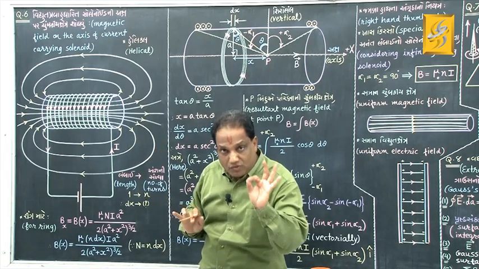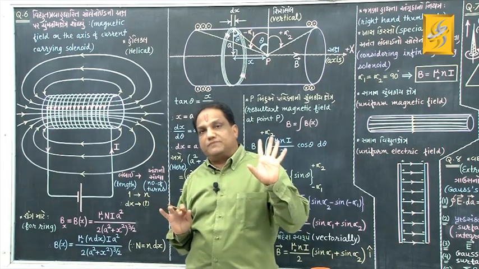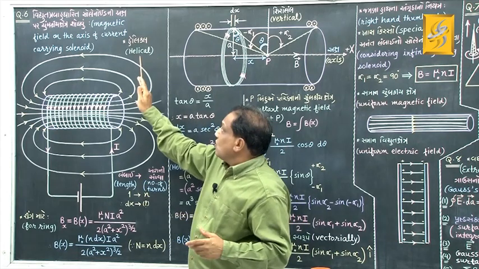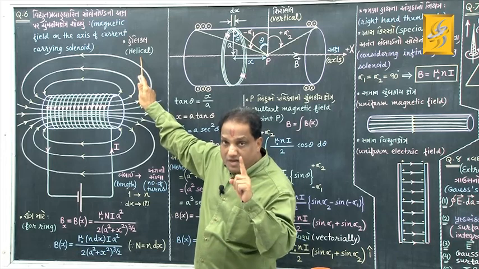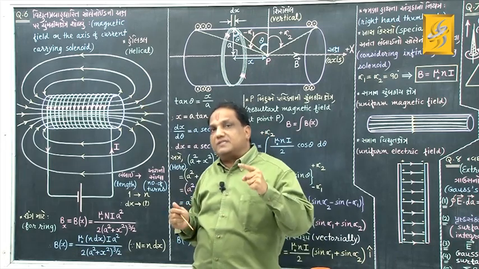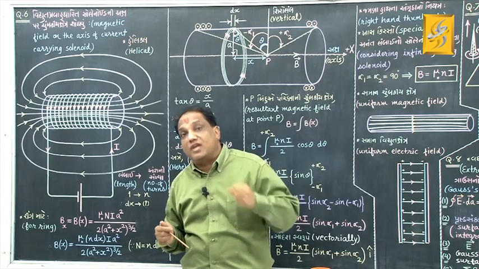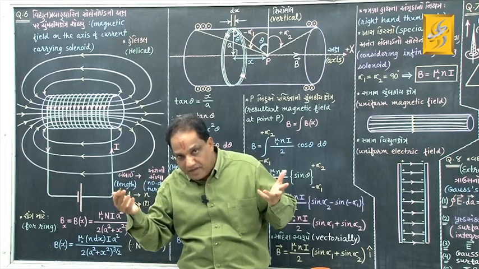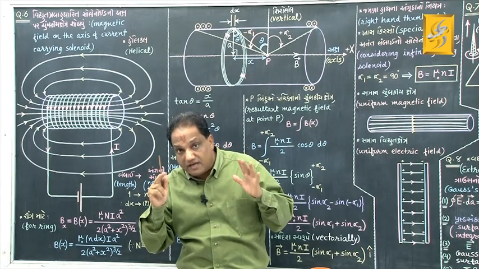Such a device is known as solenoid. It has a definite shape which is called helical shape. Now you may ask, what is called helical shape? It is like the shape of the spring of a ball pen. All of you have seen the spring of a ball pen. That shape is called helical shape.